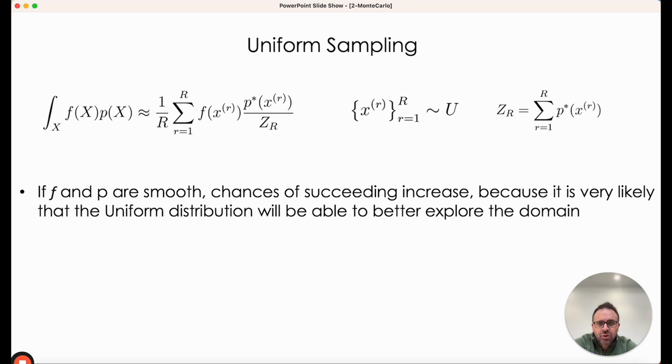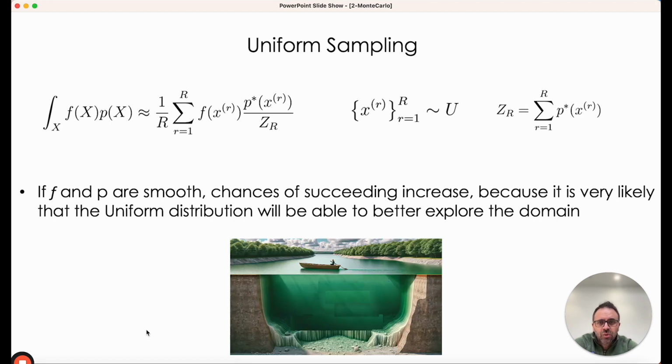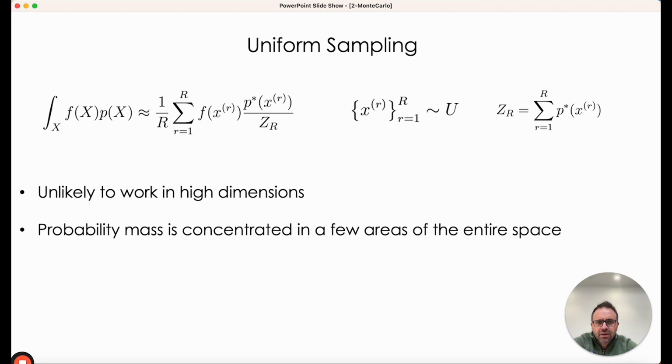But if we are in a situation where f or p are not smooth and they have these small deep spikes somewhere, then it's hard to get those samples from the uniform distribution unless we spend a lot of time generating different samples with the uniform. This case will work only when we have a very smooth lake, and if we just use a uniform distribution, it is likely that the uniform is going to hit areas of big mass.